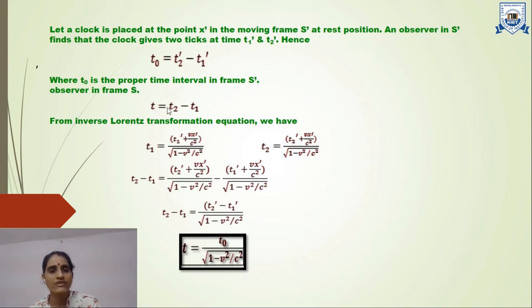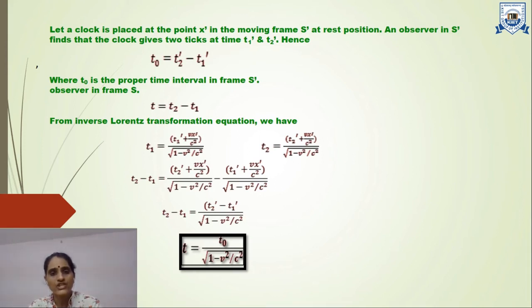So we write the time t1 as seen by observer O in frame S as t1 equals t1 dash plus v x dash by c square, whole divided by root 1 minus v square by c square, and similarly t2 is written as t2 dash plus v x dash by c square, divided by root 1 minus v square by c square.